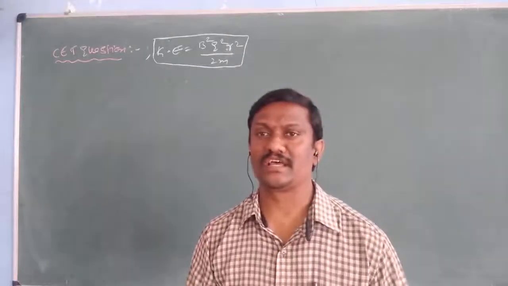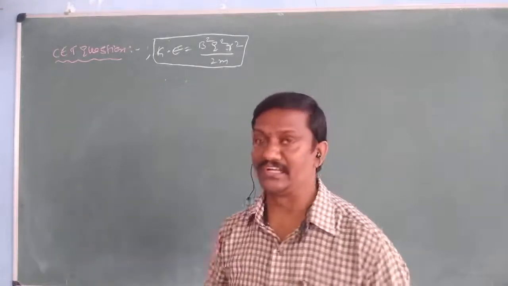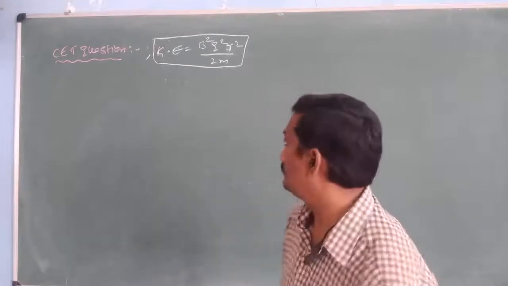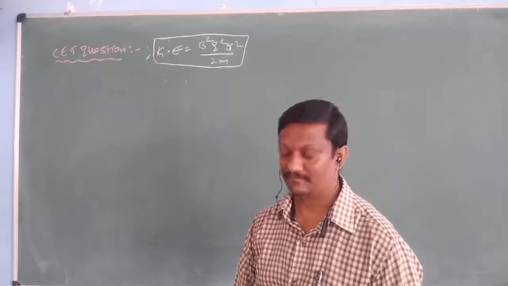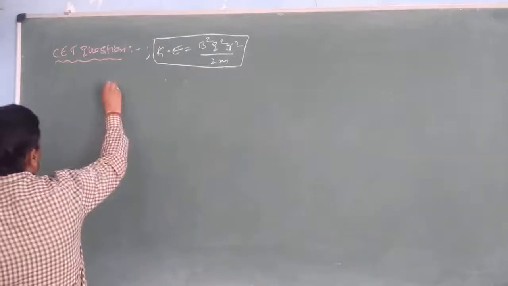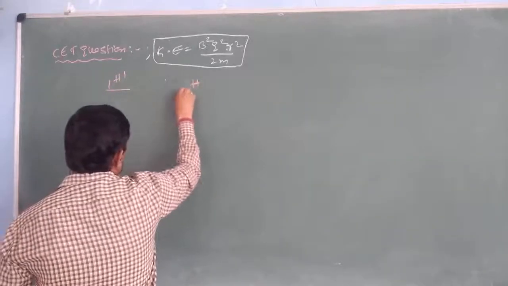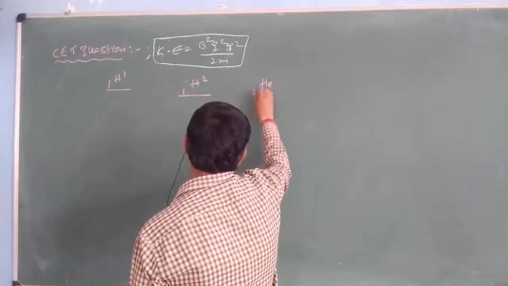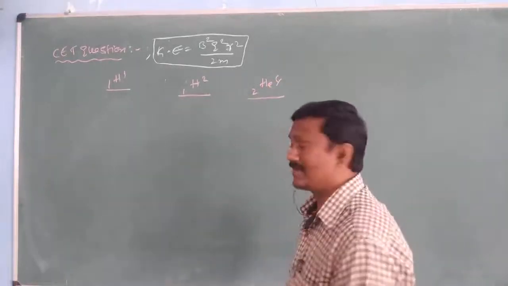Next, based on the kinetic energy of a charged particle in the cyclotron, there is one important CET question. We know the kinetic energy formula B square Q square R square by 2m. For example, take three charged particles: the first is a proton, the second is deuterium, and the third is an alpha particle.